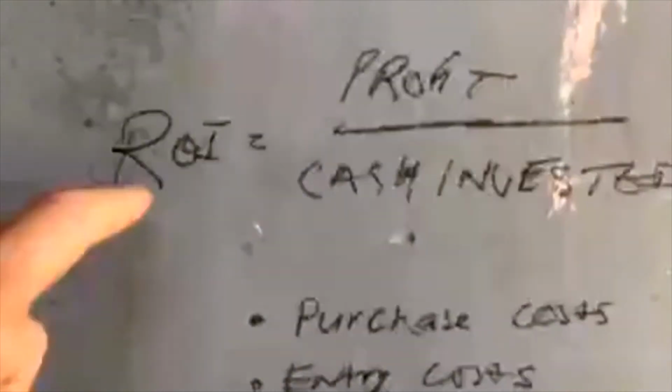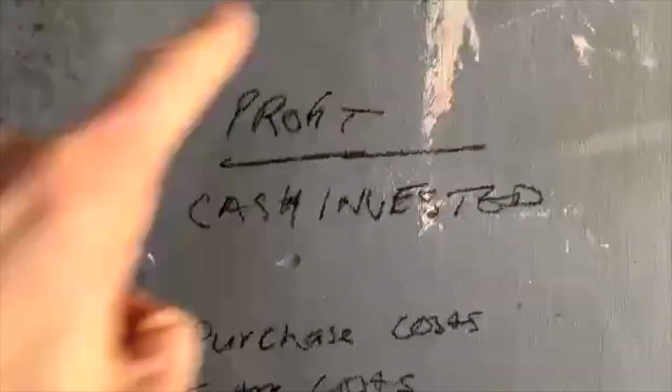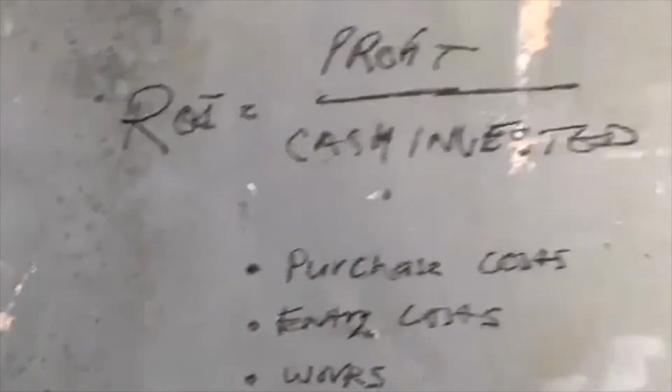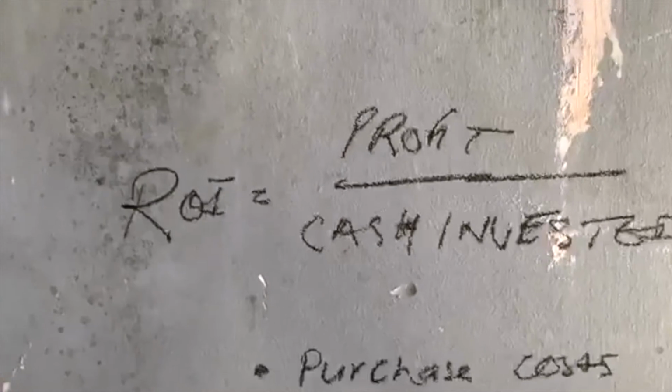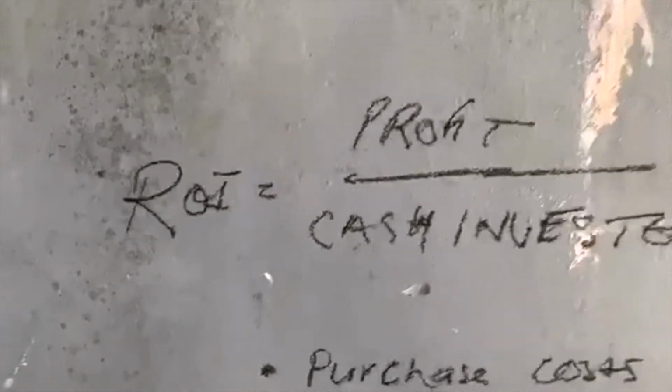In reality, this is return on investment on the cash invested over the time period in which you invested that money and made the profit. So one could argue that the same £100,000 put in the bank over a year makes you £1,000 return on investment. If you put the same £100,000 into a property deal and made £30,000 profit, that would be a 30% return on investment. If it took a year, that would be 30% over the same time period.